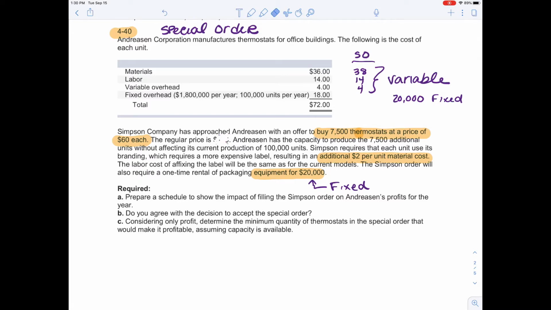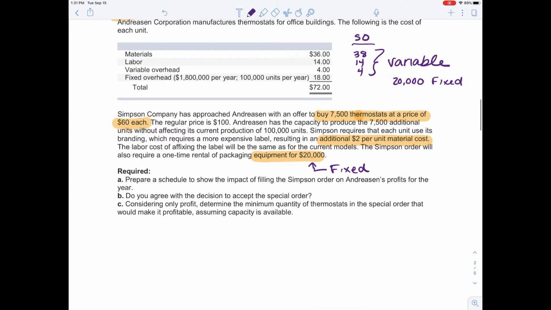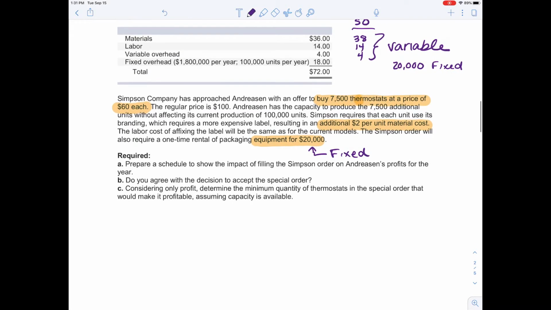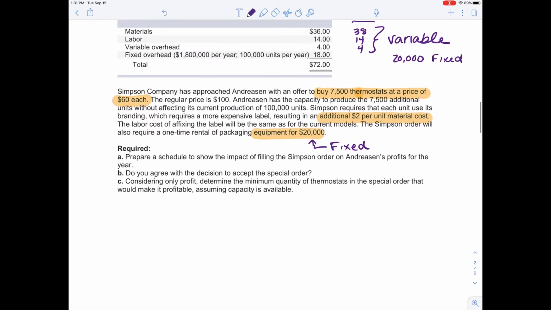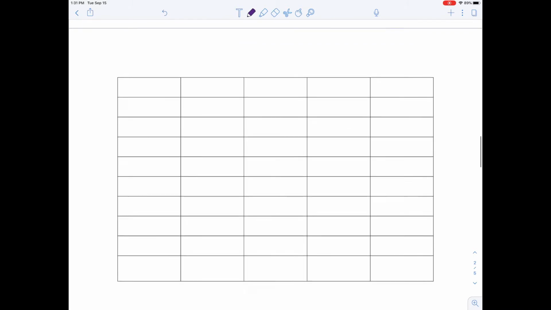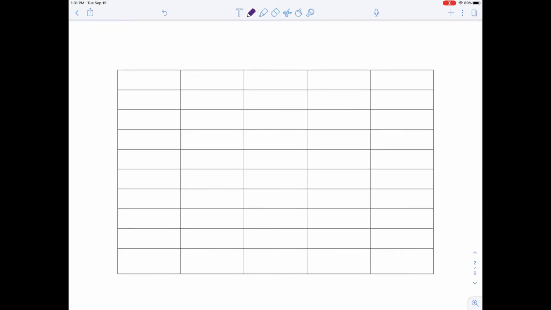So I'm going to erase this now because I do need that to build out my original scenario of 100,000 units. So let me come down here where I have a schedule made. This first box is our normal status quo, which is what your book refers to it as, which means just keeping everything as is.